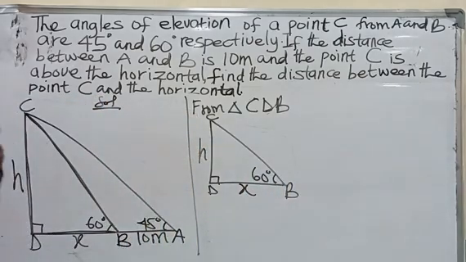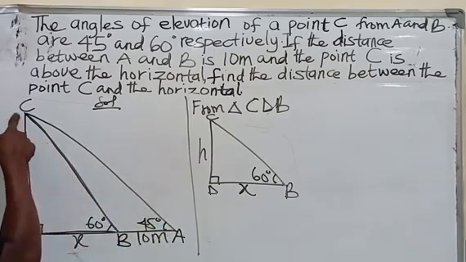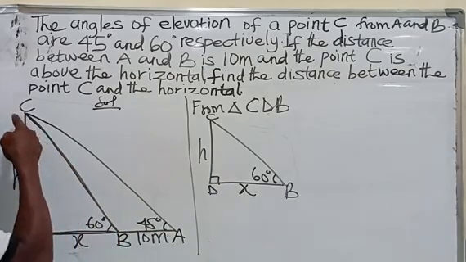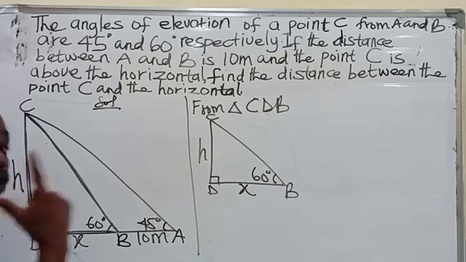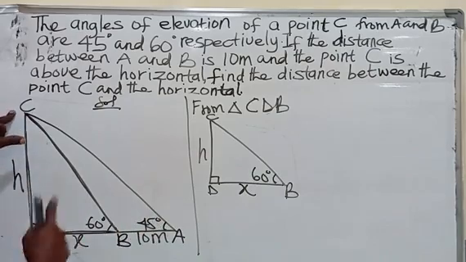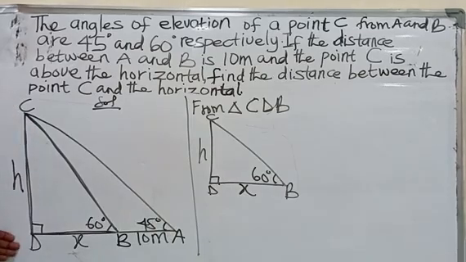Why am I looking for the height? If you watch carefully, A is looking at the object here, and B is standing here looking at the same object. So there's something that is common between A and B, and that thing is what? The height at which both of them are seeing the object is the same. So let's assume this is a building.